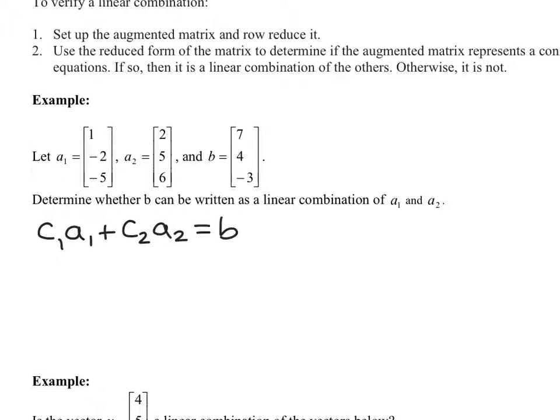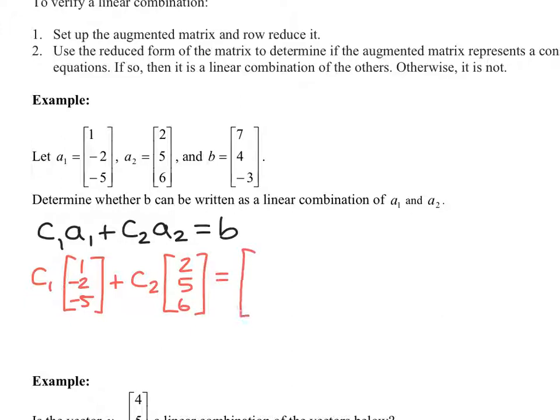So from that, I would say C sub 1, because that's my unknown, 1, negative 2, negative 5, plus C sub 2, 2, 5, 6, is going to be equal to 7, 4, negative 3.